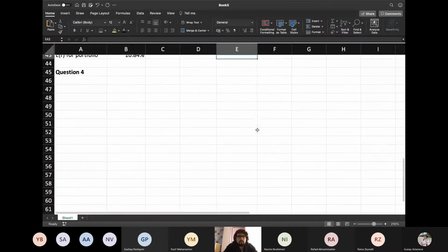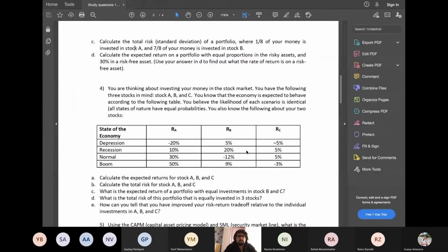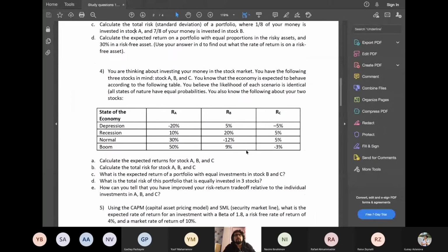It's question 4. You are thinking about investing your money in the stock market. You have the following 3 stocks in mind: stock A, stock B, and stock C. You know that the economy is expected to behave according to the following table.